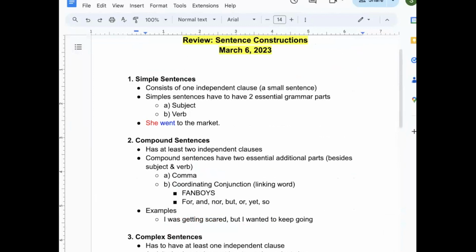Okay, so let's go ahead and we'll take a look at that article. Okay, let me just put that up here.